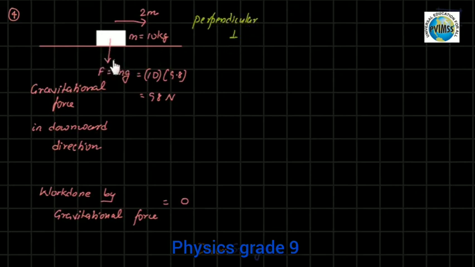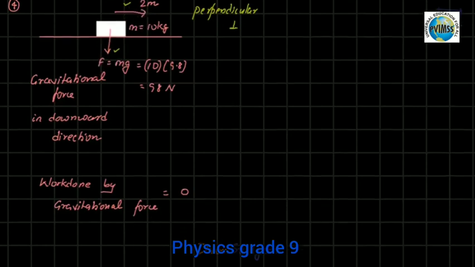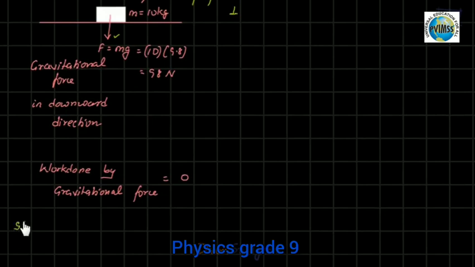So displacement and force are perpendicular to each other, making an angle of 90 degrees. That's why we say that work done by the gravitational force equals 0. So if force and displacement are perpendicular to each other, work is said to be 0.